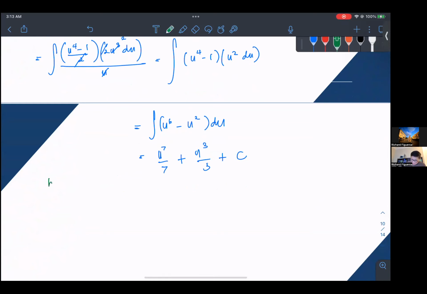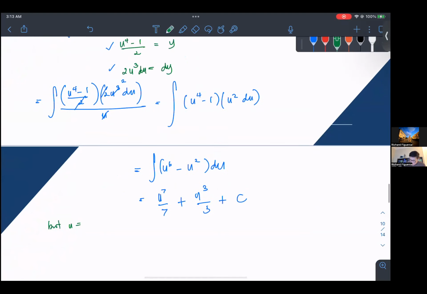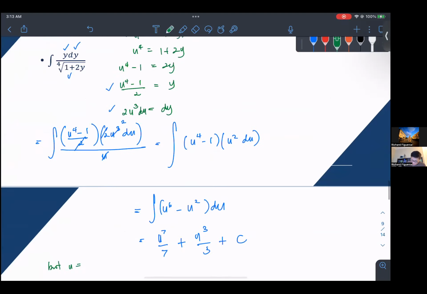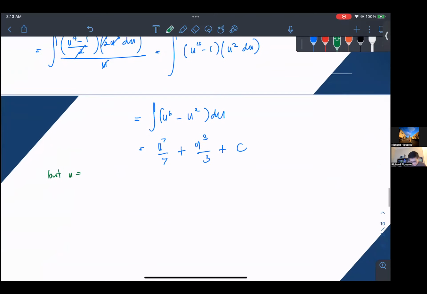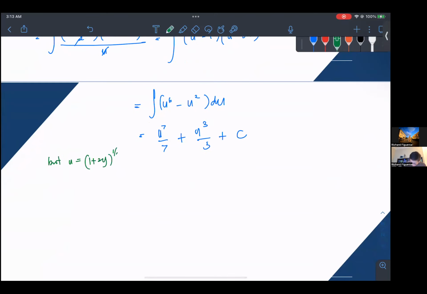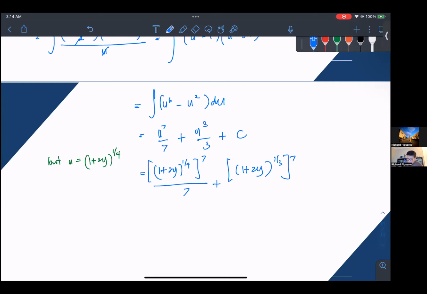Then u is 1 plus 2y raised to 1/4. This is (1 plus 2y raised to 1/4) raised to 7 over 7 minus (1 plus 2y raised to 1/4) raised to 3 all over 3 plus c.